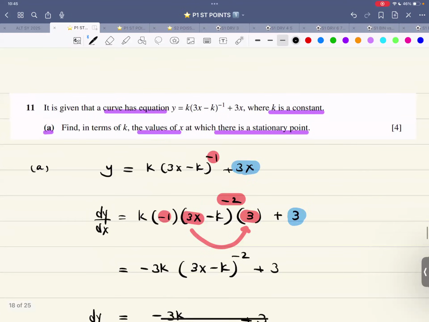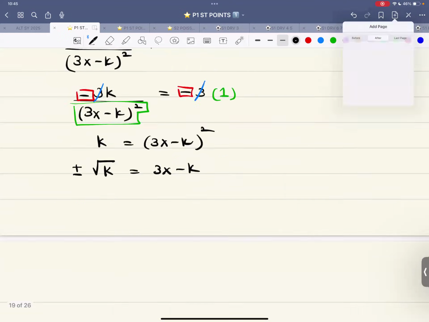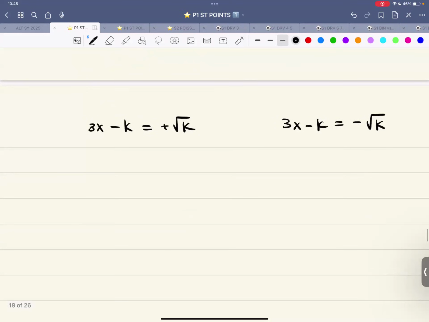Read the question again. The values of x, this is plural. So that means there is more than one value of x, the stationary point. Therefore, 3x minus k equals to plus square root of k. 3x minus k equals to negative square root of k. 3x is equals to k plus square root of k. 3x equals to minus root k plus k, and therefore make x the subject.